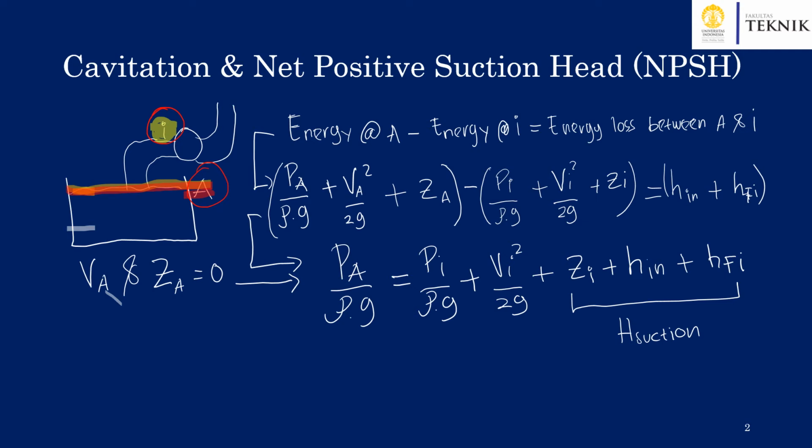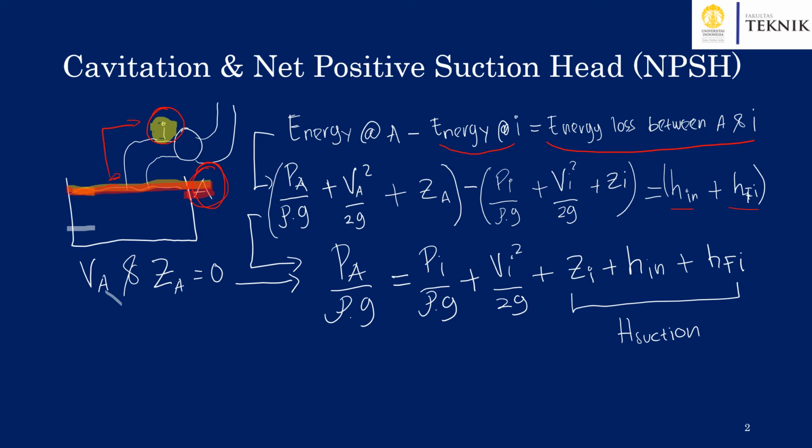Now assume that the energy at point A is equal to the sum of the energy at the inlet of the pump plus the energy loss between the water level and I. So we have losses due to pipeline, fittings, valves, and so on, and here is the sum of losses.